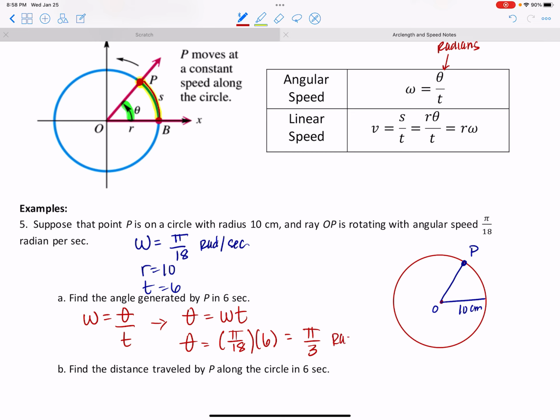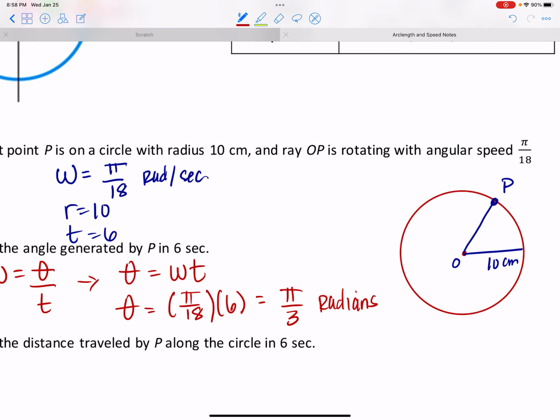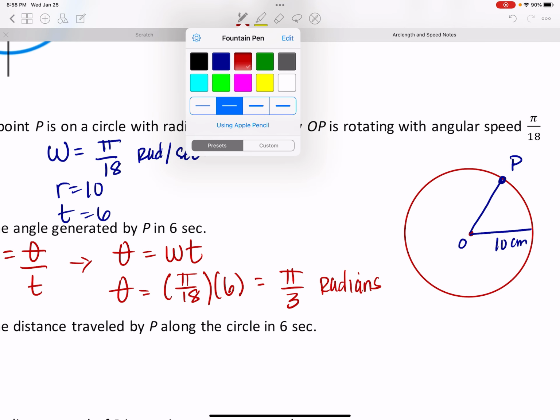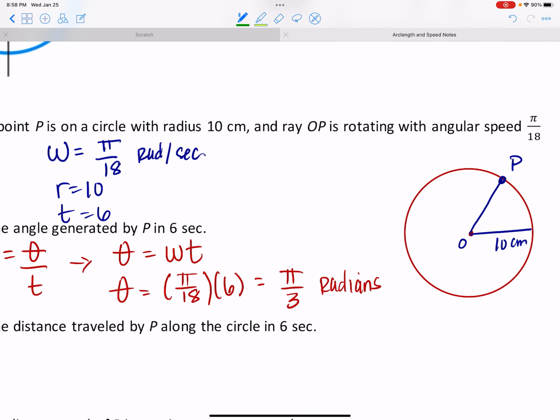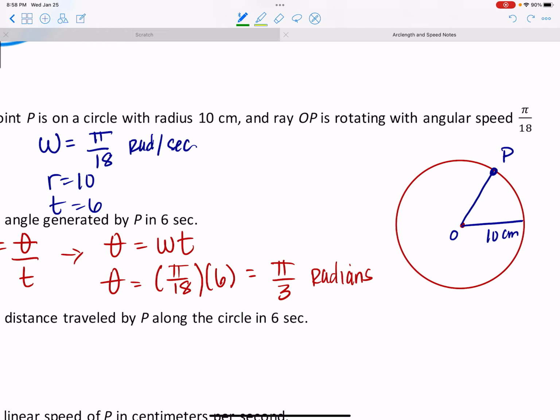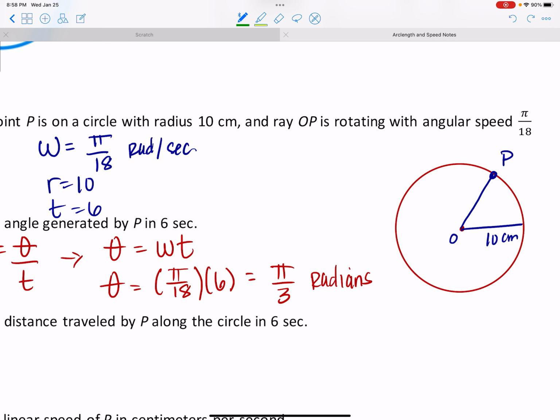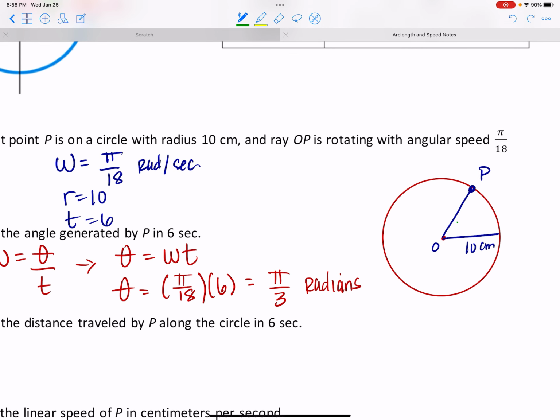And why are the units radians? I mean, obviously we're finding an angle, and I should have been more clear when I wrote this, but this is radians per second here, and then we're multiplying by seconds here, and that's over 1, so we see that those seconds reduce out and leave us with the radians, so hopefully the units matching up to radians makes sense. So pi over 3 radians, that's the angle that's created there in 6 seconds. That would be the angle of rotation in radians.